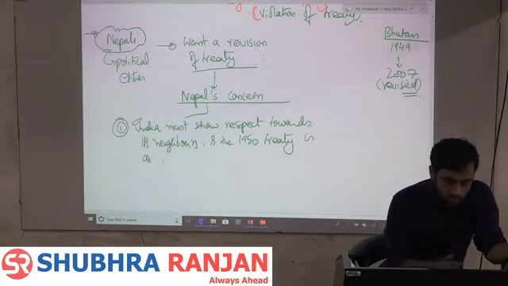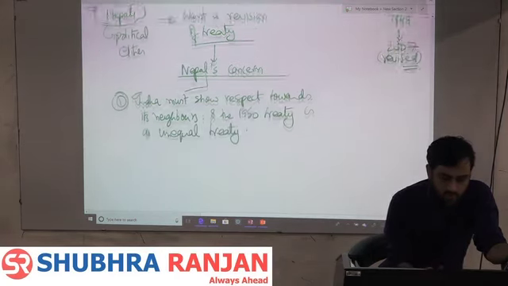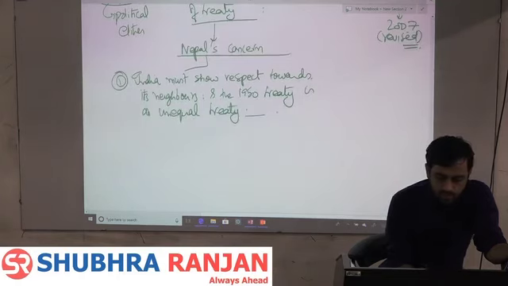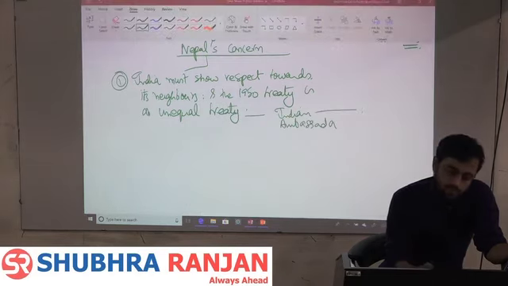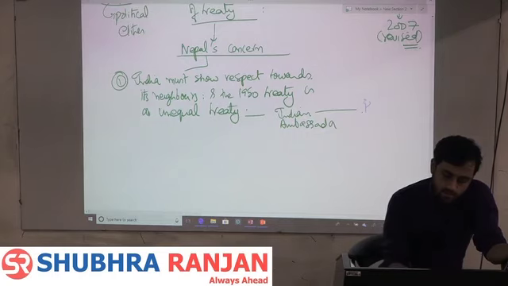The 1950 treaty is an unequal treaty signed between the Indian ambassador and whom? Yes, the Ranas.